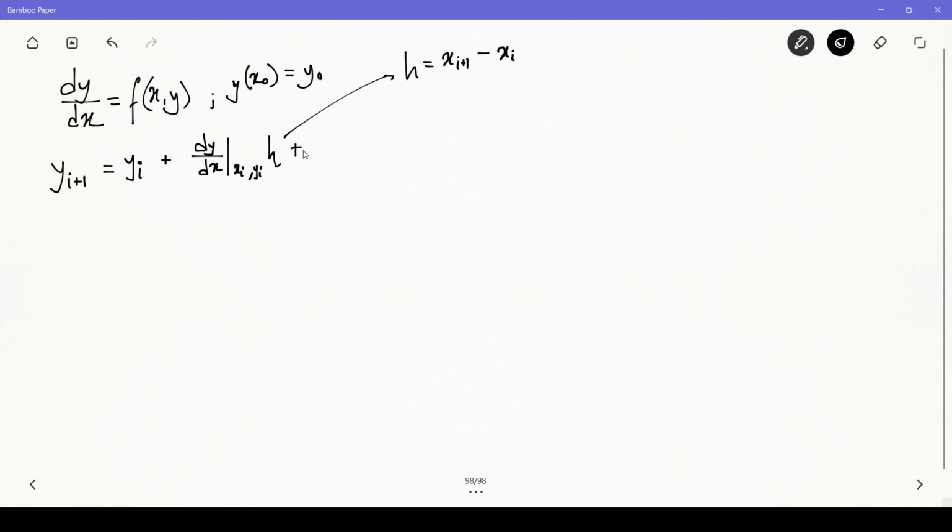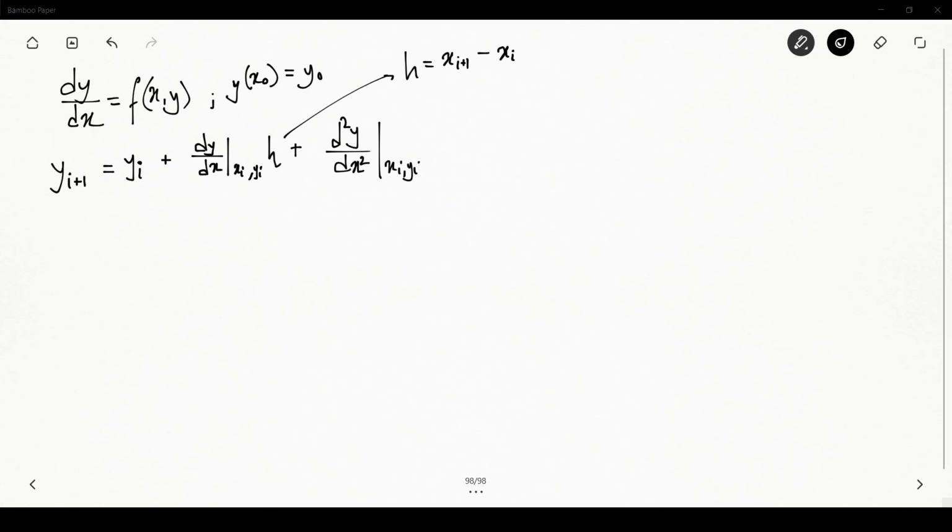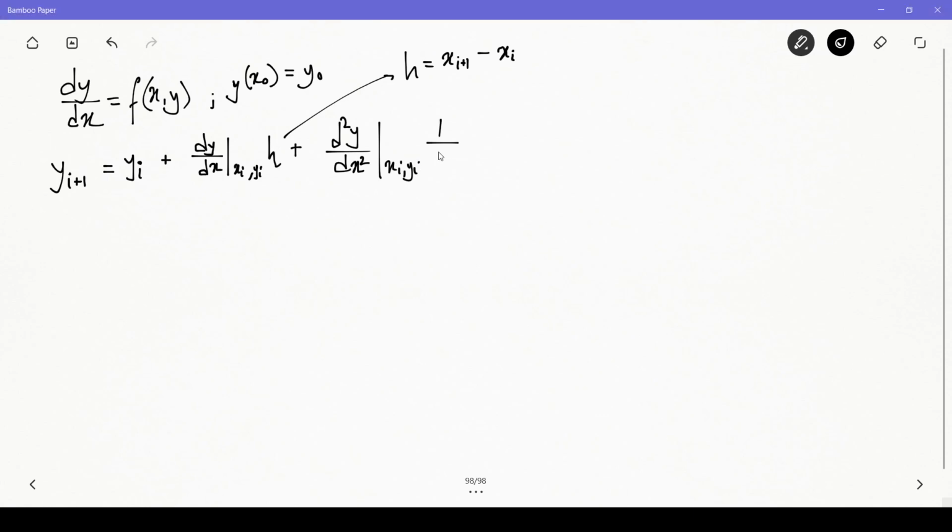Fine. So the third term is the second derivative: d square y divided by dx square at the point (xi, yi), times 1 by 2 factorial h square.